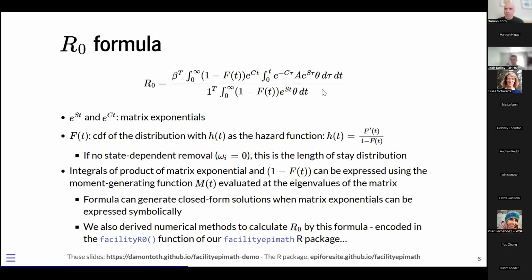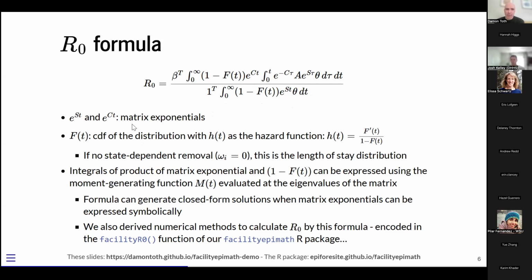So here's the formula that we derived in the manuscript, which is now up on medRxiv and soon to be submitted. I didn't put the link here, but it's called transmission thresholds for healthcare facilities, or something like that. I won't describe this whole equation, but I just want to point out some components.